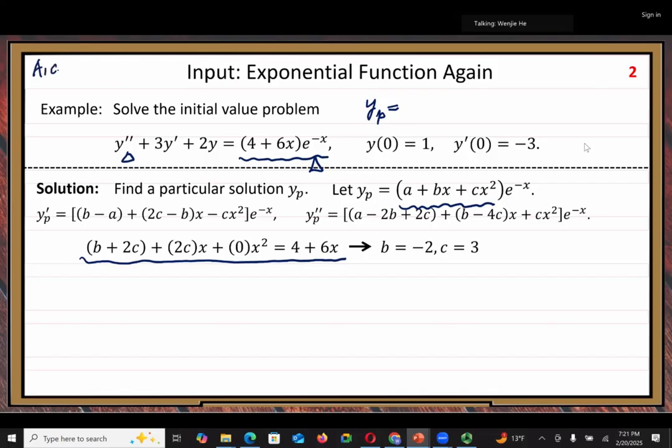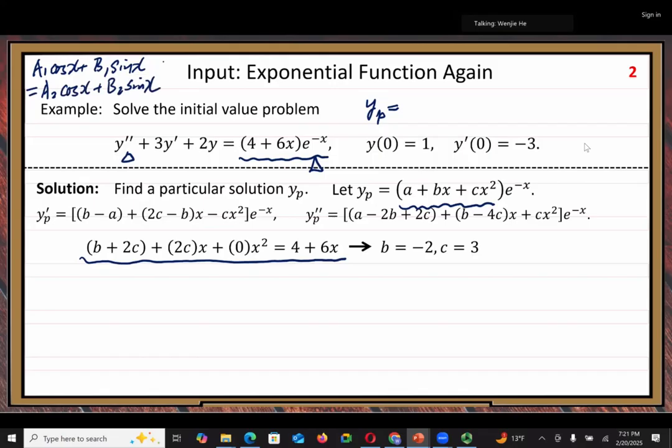Let's say A1 cosine x plus B1 sine x equals A2 cosine x plus B2 sine x.